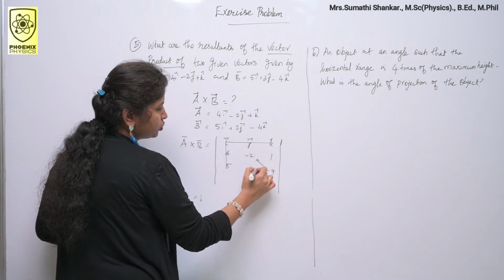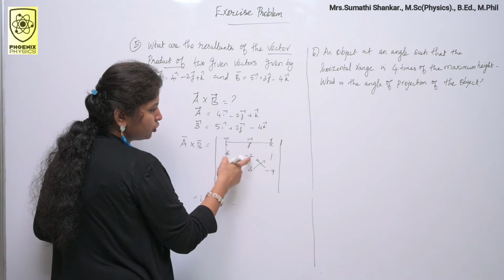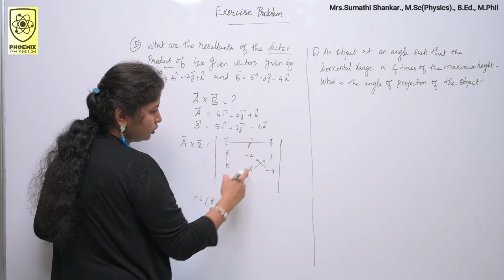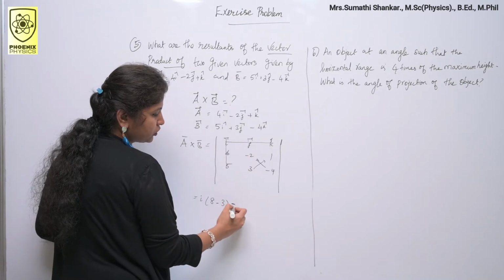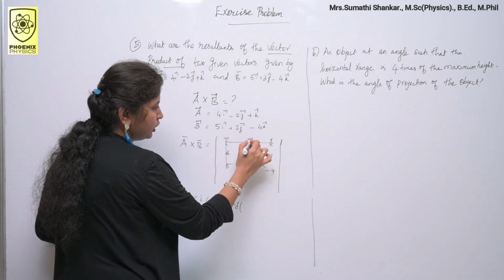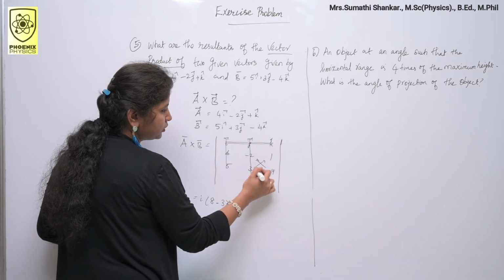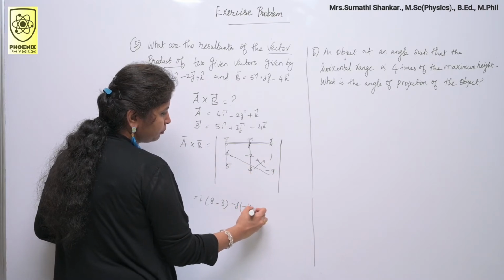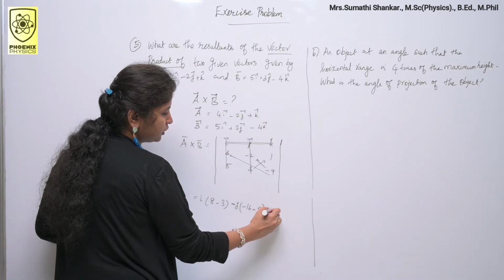Multiply these numbers like this: first, minus 4 into minus 2 is plus 8, minus 3 into 1 is 3. Next you have to put a minus sign here, then j vector. For j vector, leave this column and leave this row. Then you multiply these two: 4 into 4 is 16, minus 5 into 1 is 5, plus k vector.